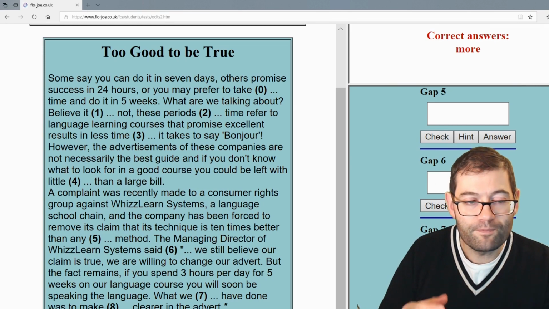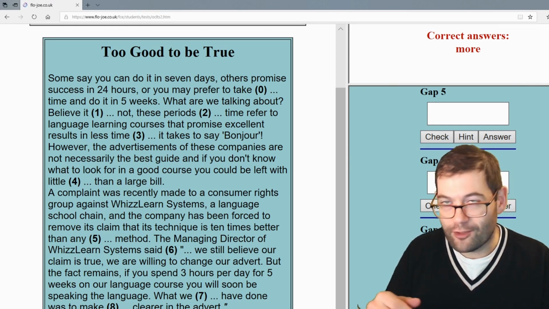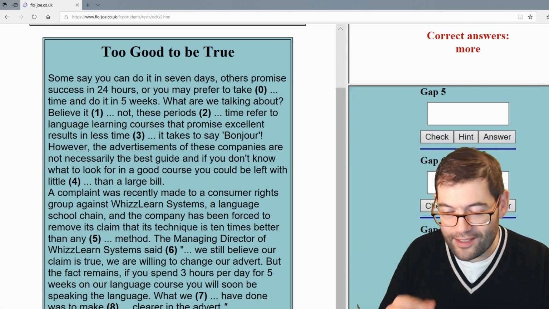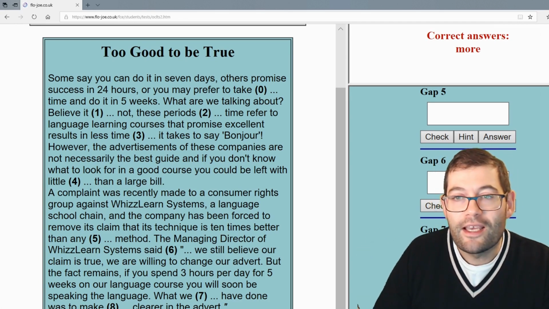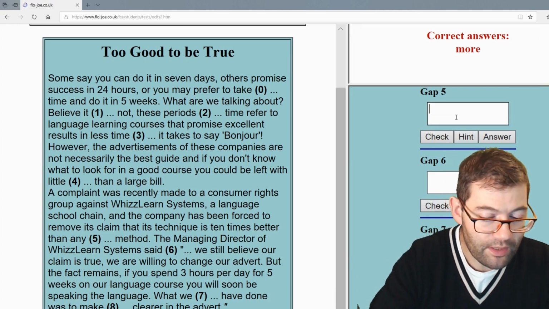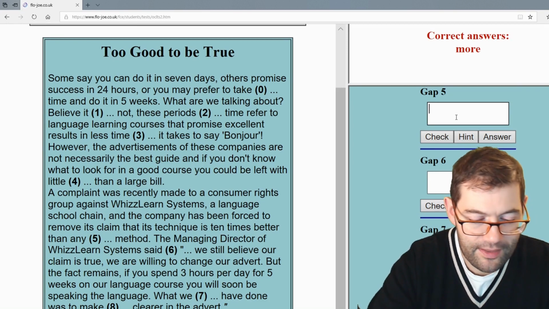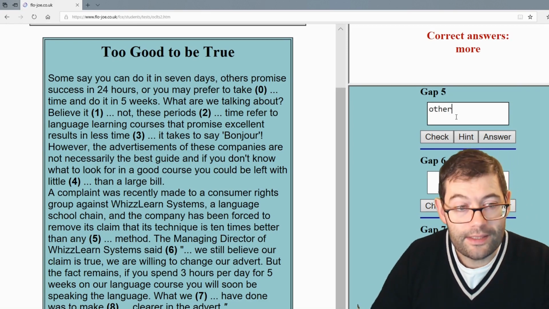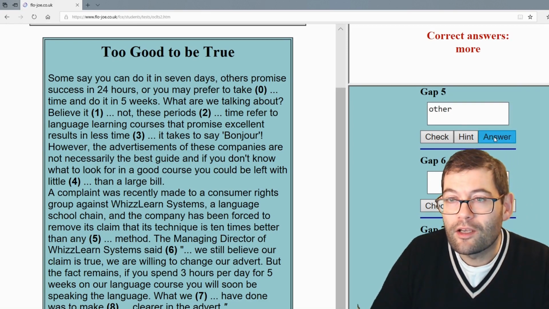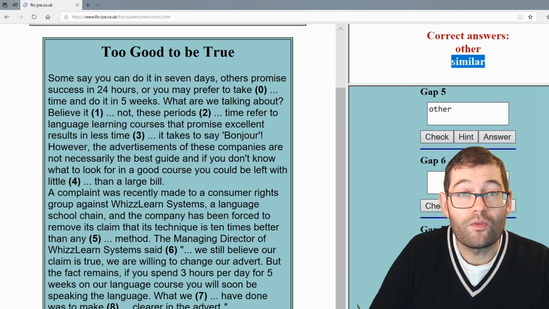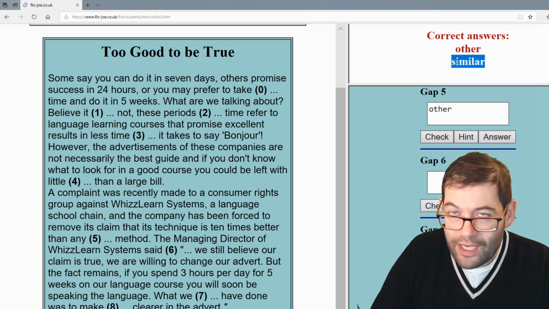Compare this system in light of, it's a terrible expression, in light of the other systems which are on the market. And we've got 2 possible options here. The one that I would prefer, well, it's not a question of preferring, the one that I chose would be other: any other method. But as you can see here, we've got another option that we can choose, which is similar. Both of them absolutely fine.